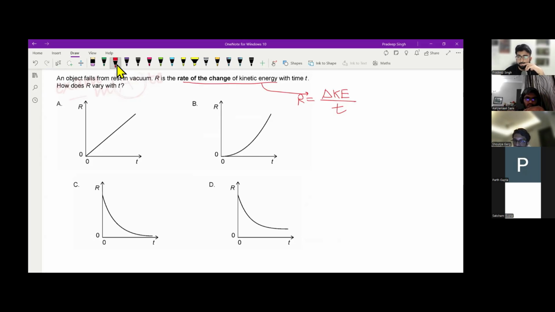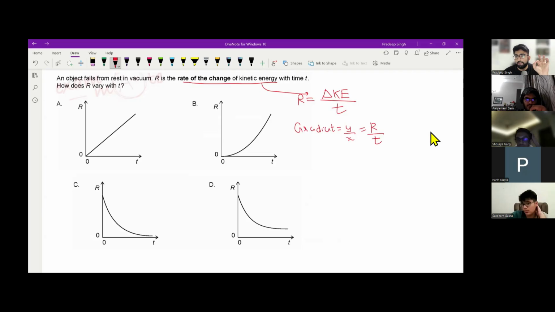So the slope would be this upon t, so it would be change in kinetic energy upon t squared. Oh, that way. Okay. So you're using the approach of gradient or slope. Let me write: gradient is y-axis upon x-axis, so that will be R upon T, isn't it? Yes. So that would mean change in kinetic energy divided by t squared. Fine. Now what do you do?